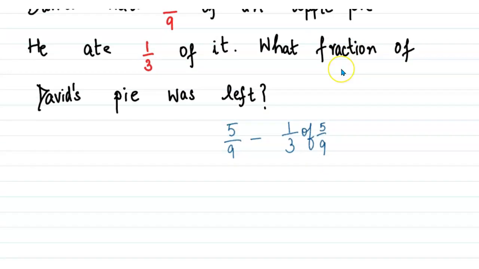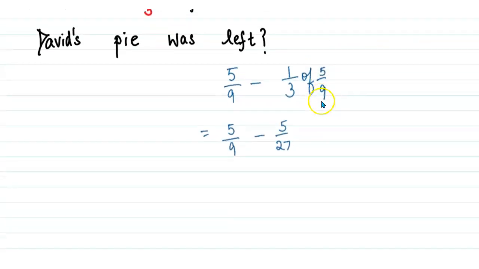So now let's solve this. We will have 5/9 minus 5/27, and in the next step we will make equivalent fractions to solve this subtraction. So we will have 15/27 minus 5/27, which will be equal to 10/27.